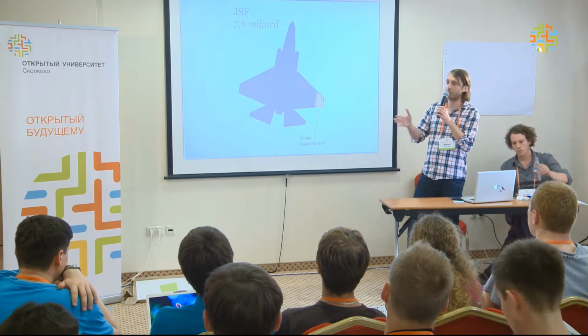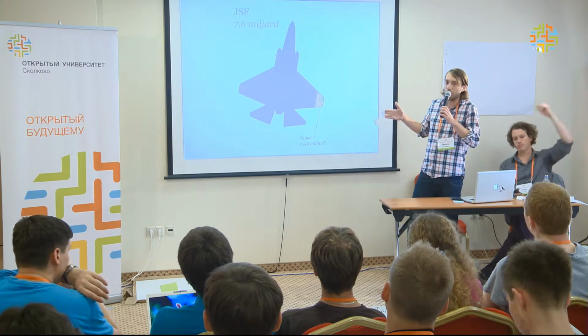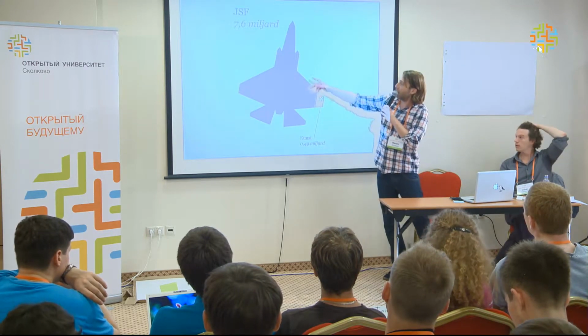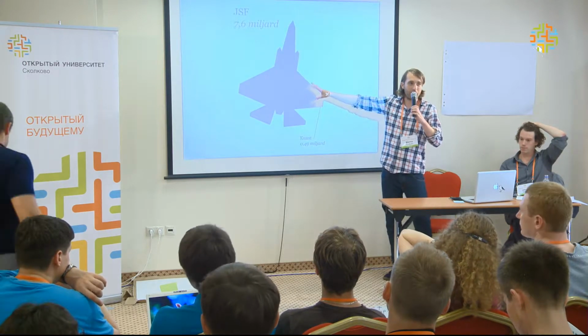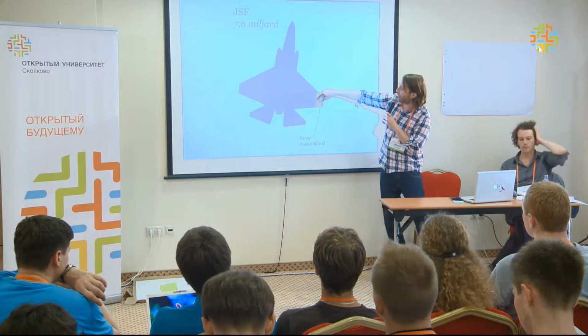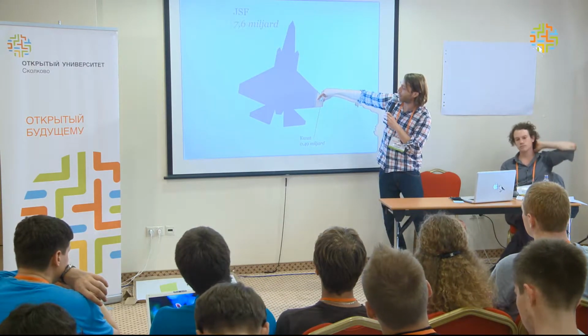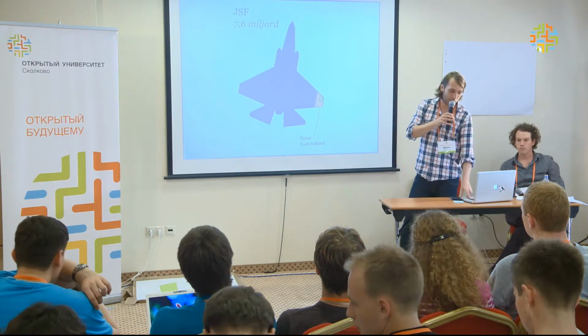But how much is this in proportion to what we are using other state money for as well? This is what we are going to spend to buy a lot of planes from the Americans, the Joint Strike Fighter. And this is actually the part that was being used for our art. So you see that a lot of money is just wasted on weapons.